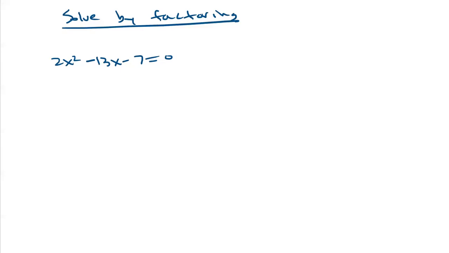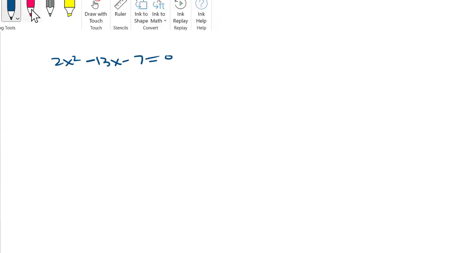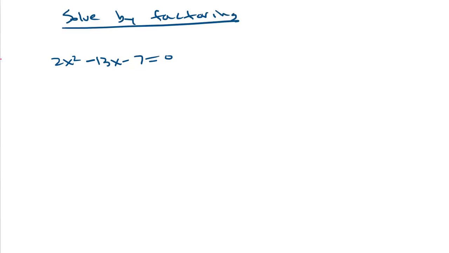Okay, so in this case, they want us to solve this problem by factoring, and we're going to use the slide method, sometimes called the illegal move. The first step here is to take that 2 and multiply it to the back.